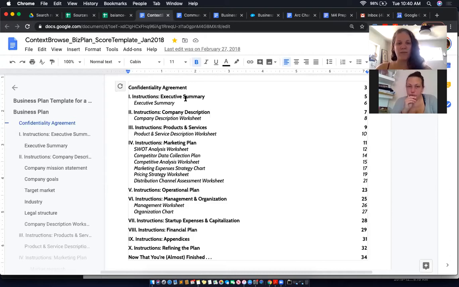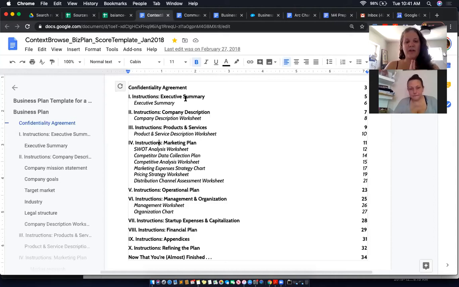So that's a more complex product of a process, and that's again a good thing to get consulting support on. And then there's the operational plan, describing how the interior of the business works, management and organization.